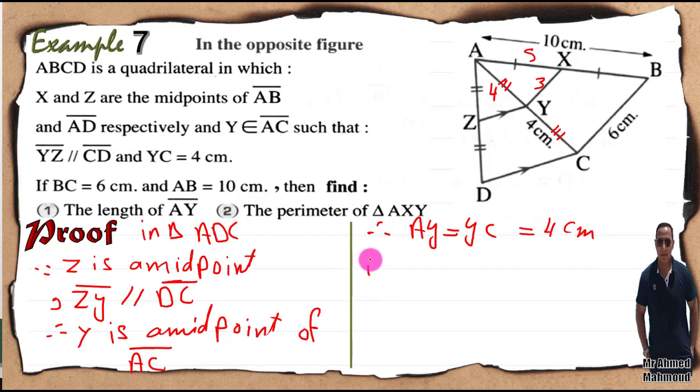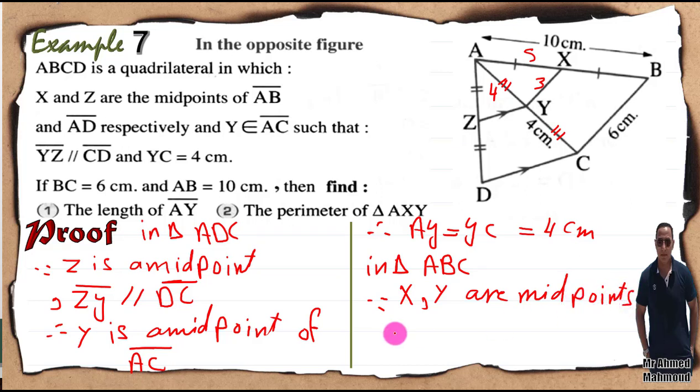Now in triangle ABC, since X and Y are midpoints, therefore XY equal half BC equals 3 centimeters.